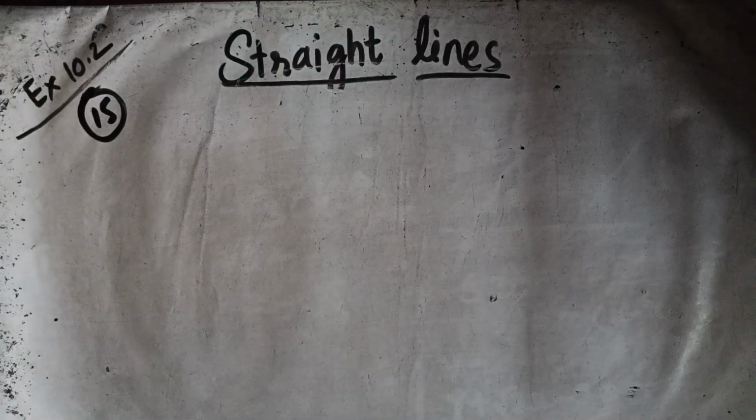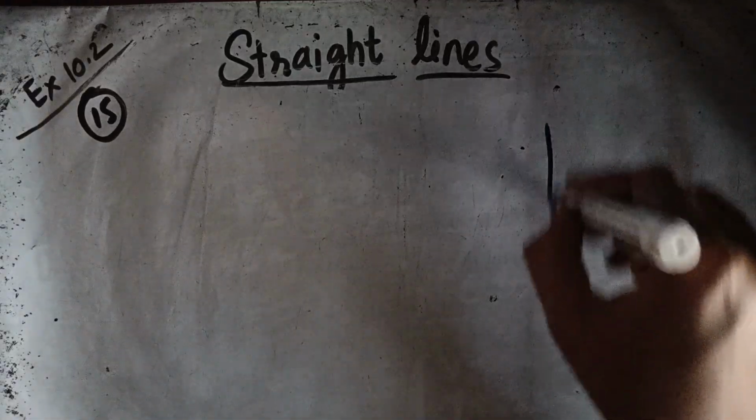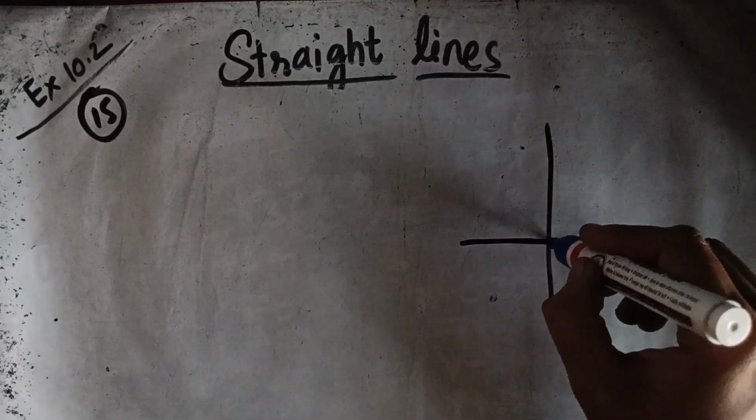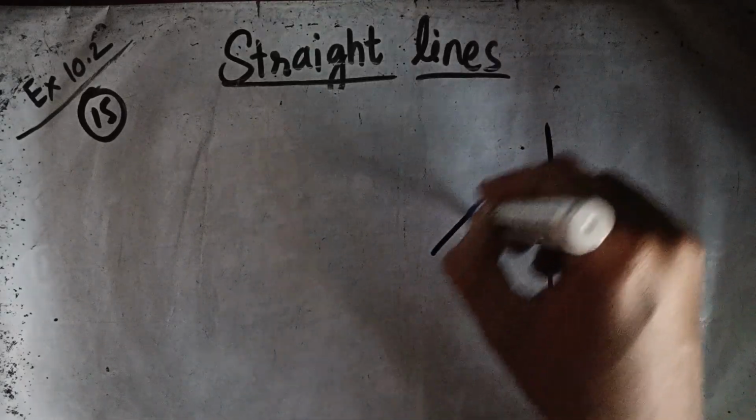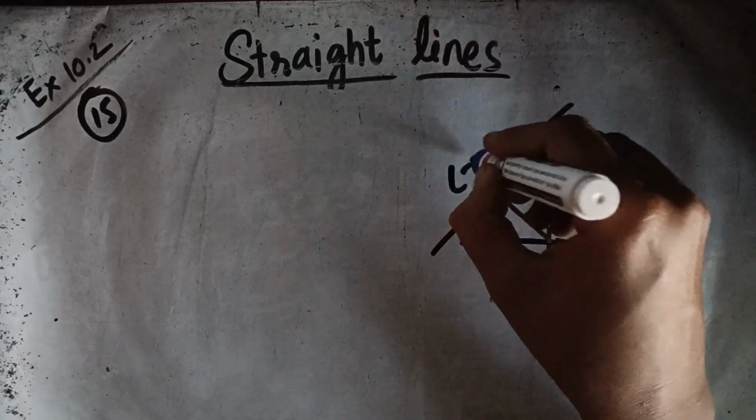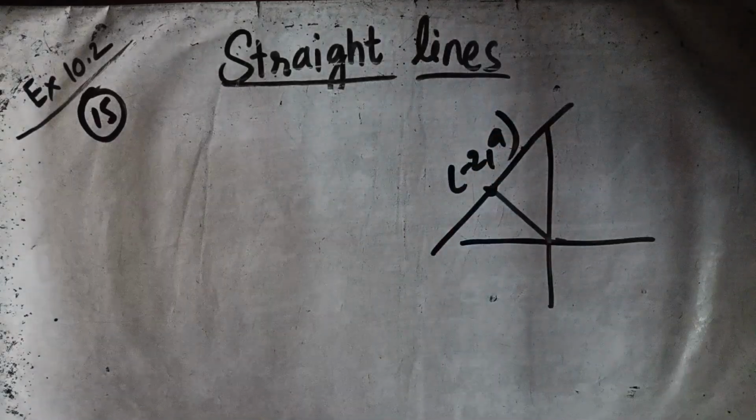Question 15. The perpendicular from the origin to a line meets it at the point (minus 2, 9). Find the equation of the line. Now perpendicular from the origin to a line. Okay. So from the origin there is a line that meets at (minus 2, 9).